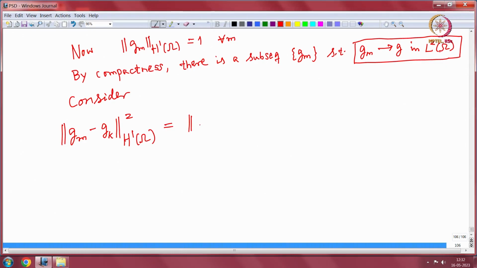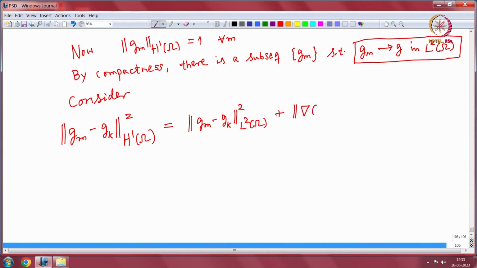So from the definition of the norm in H1 omega, this is just the sum of the L2 norm squared plus the gradient squared norm.